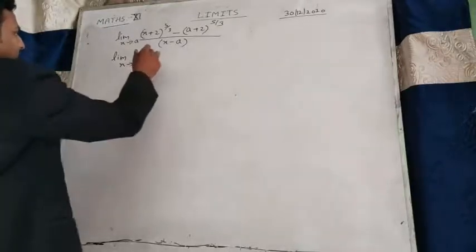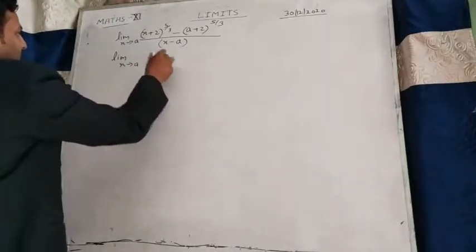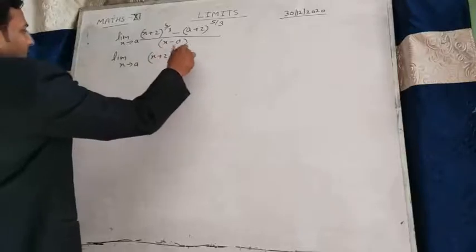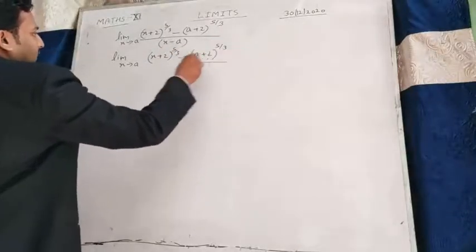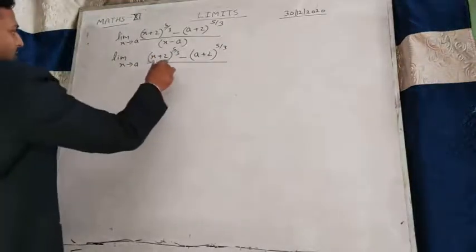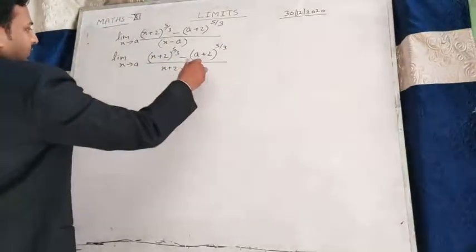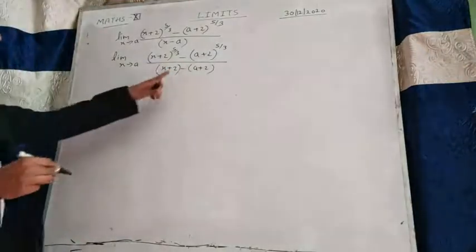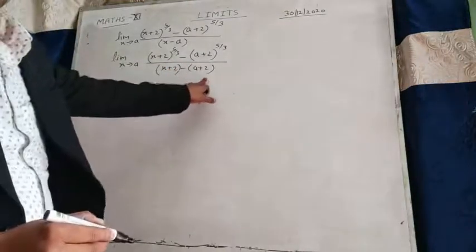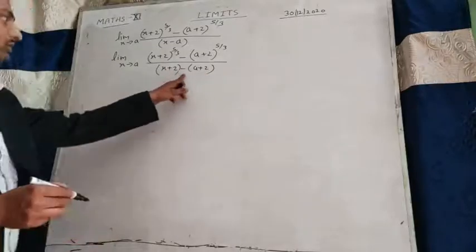that this is (x plus 2) to the power 5 by 3 minus (a plus 2) to the power 5 by 3, divided by x plus 2 minus (a plus 2). We can write this by adding plus 2 and subtracting 2 and taking the negative outside.